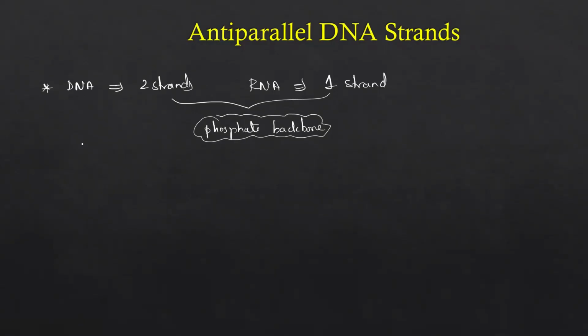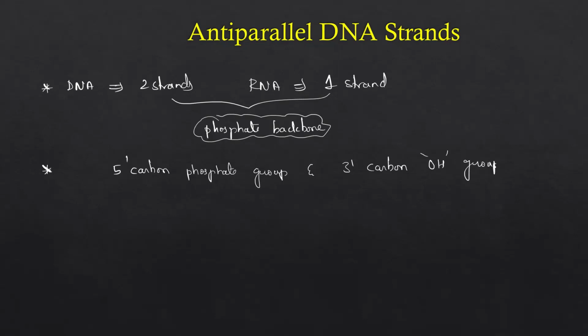So remember, the joining of two nucleotides happens between the fifth carbon phosphate group and the third carbon hydroxyl group, the third carbon OH group.